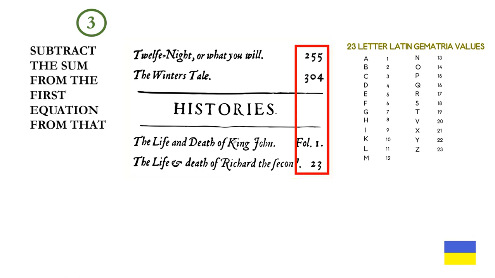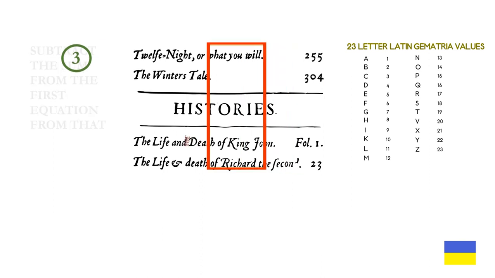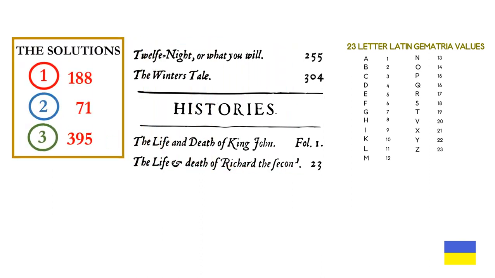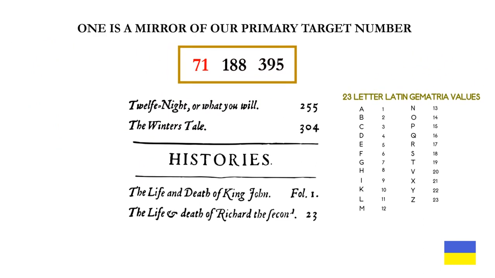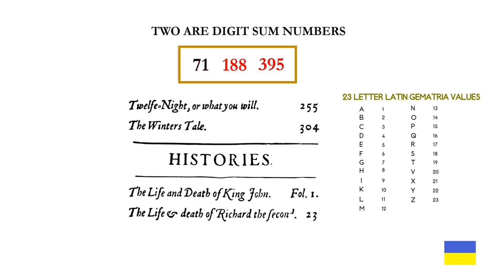I subtract the sum from the first equation from that. Here are the solutions. Equation 1 is 188, equation 2 is 71, and equation 3 is 395. The first number is a mirror of our primary target number. And of course, 2 are digit sum numbers.